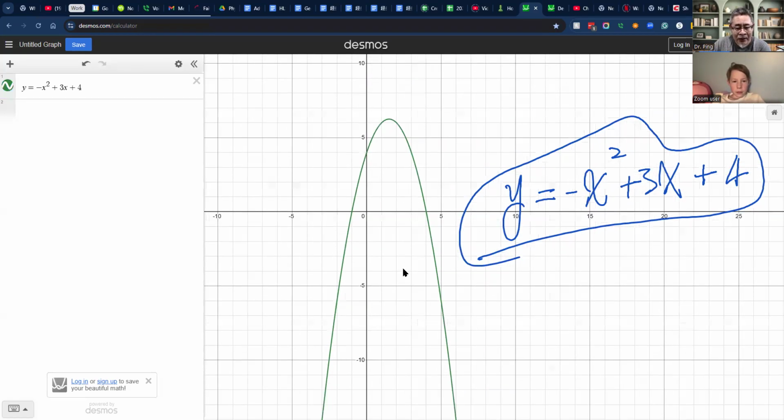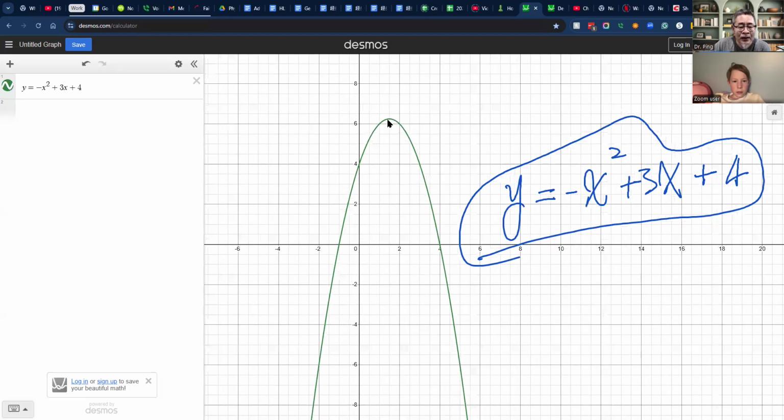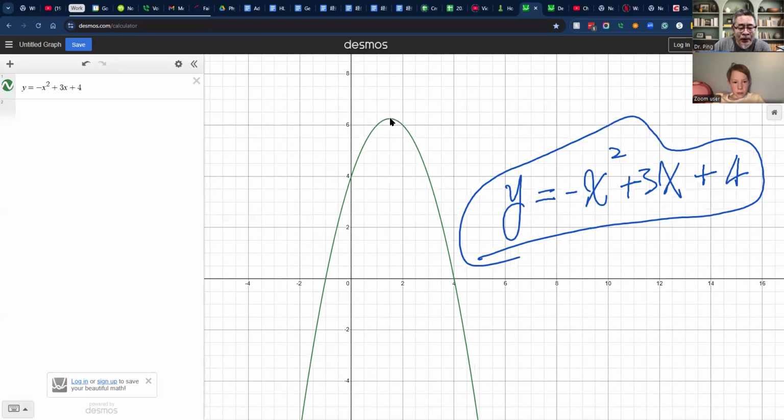And we see that's the point here, 1.5, very good. And this is negative 1, 0, and 4, 0. And this is our y-intercept. Very good.